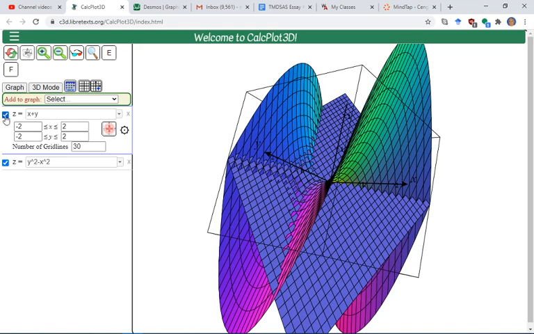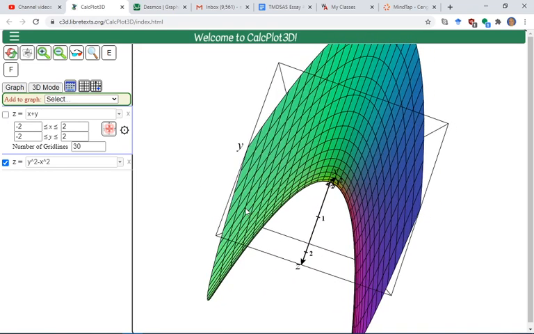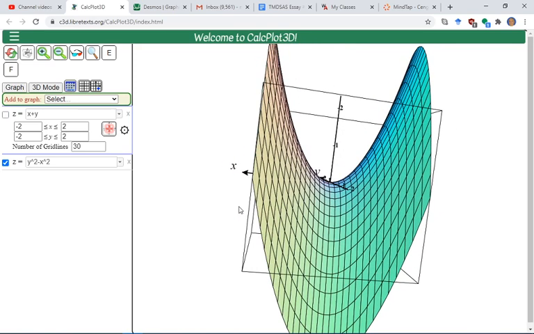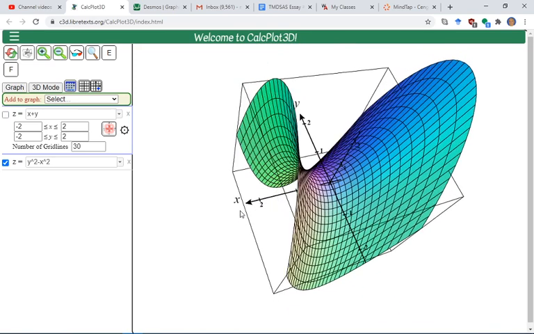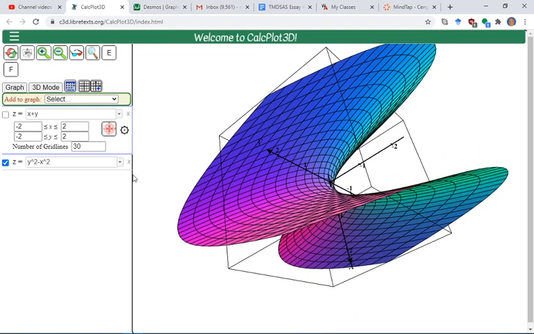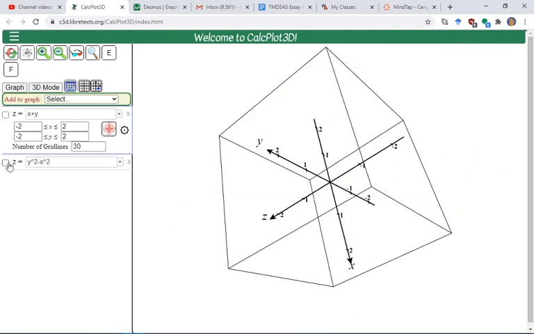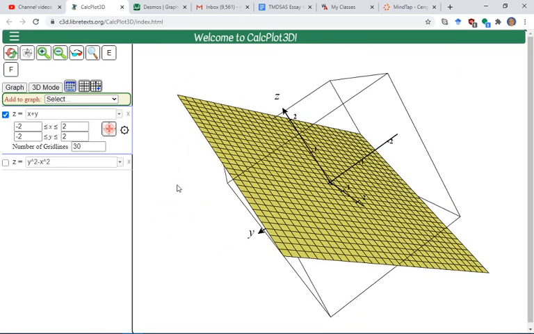To make the picture perhaps more visible, let me remove the plane itself. So here is our hyperbolic paraboloid. We said this kind of thing looks like a saddle. So this thing is a saddle. Now the other one, let me take this off and just put the other one. The other one is just an ordinary plane.